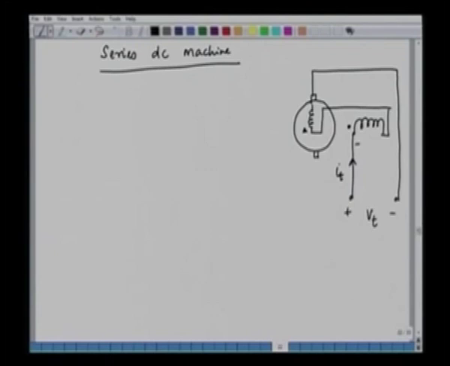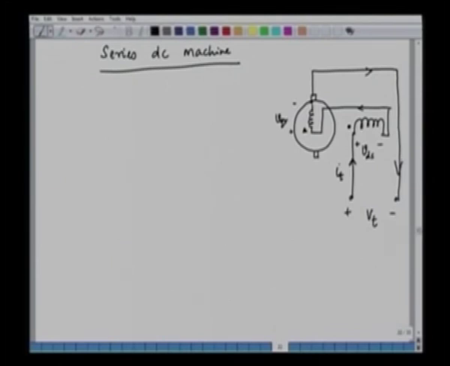Now this is the stator, D axis stator, we have this voltage as VDS. This is the rotor winding, we only have Q axis rotor winding, and this voltage will have VQR, and the current is flowing in this particular direction, and is returning back to the supply in this particular fashion.